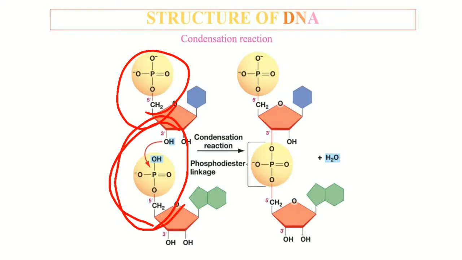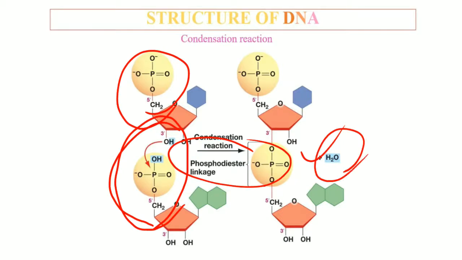In this way adjacent nucleotides are linked to each other, and this reaction is known as condensation reaction, and it results in the formation of phosphodiester linkage, and a water molecule is released as a byproduct.